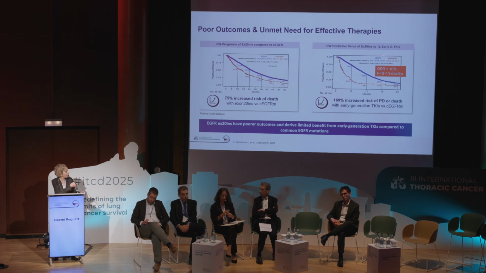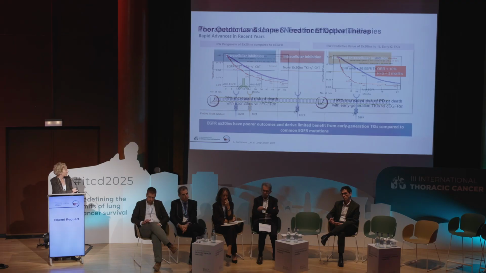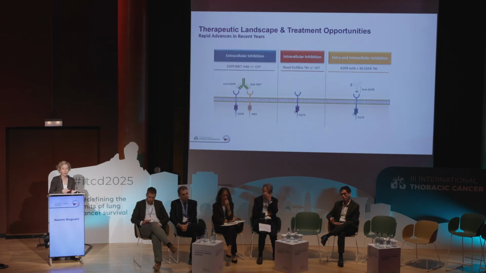You can see overall response rate with afatinib, with erlotinib, with first generation, early generation inhibitors, even osimertinib, overall response rates of less than 10%, and median progression-free survivals of only 3 months, which is completely different from what we see in patients with common EGFR mutations. So we were in high need of effective therapies in this specific subgroup of patients.